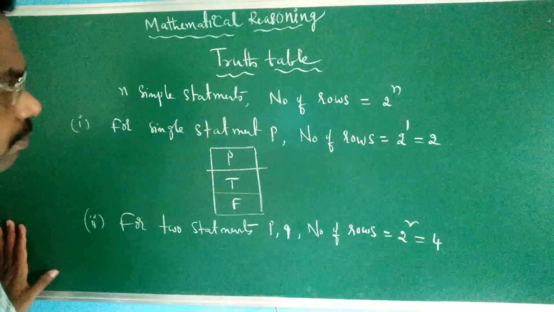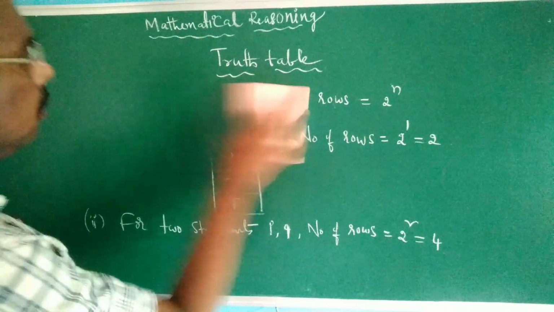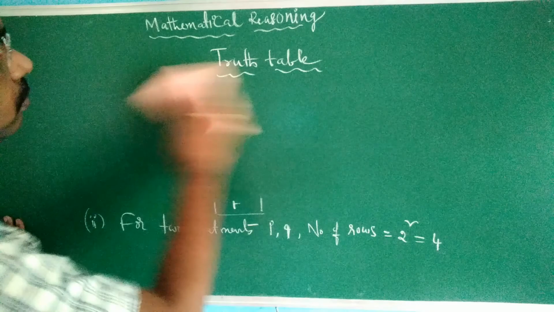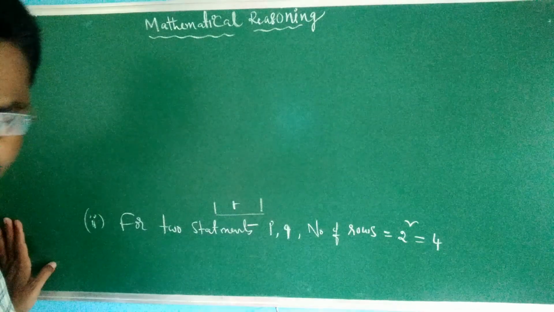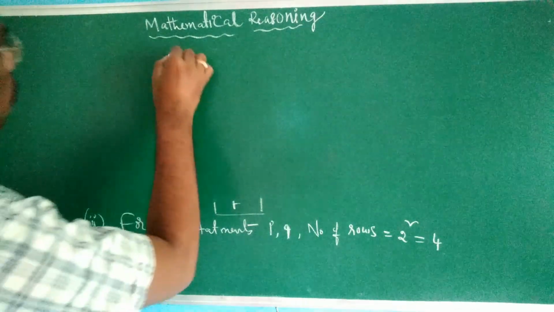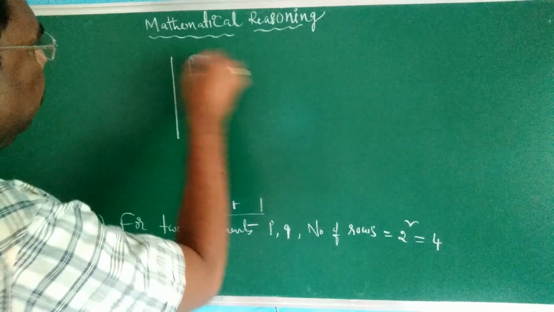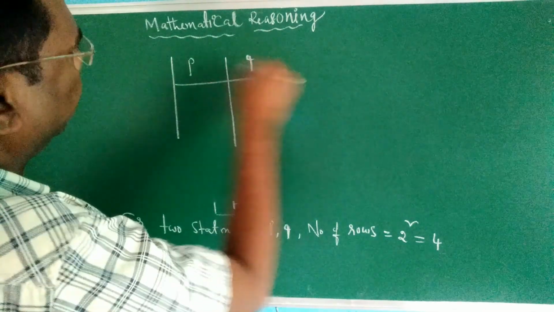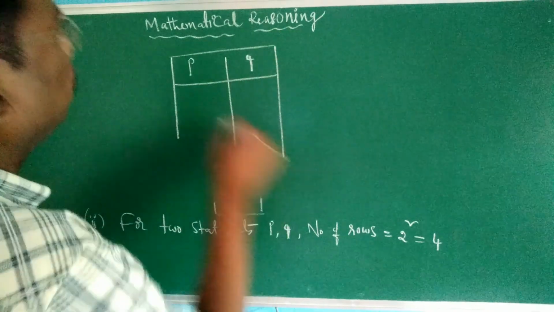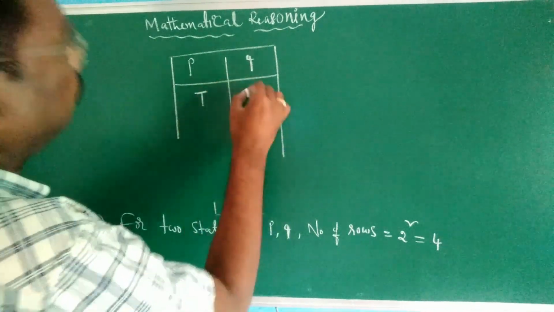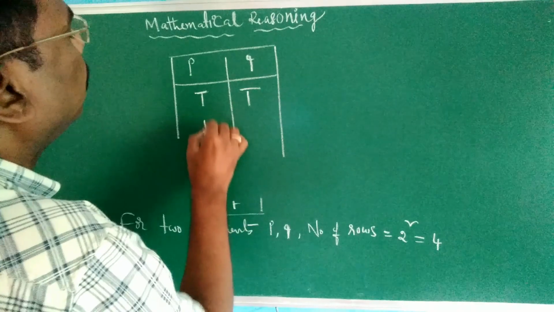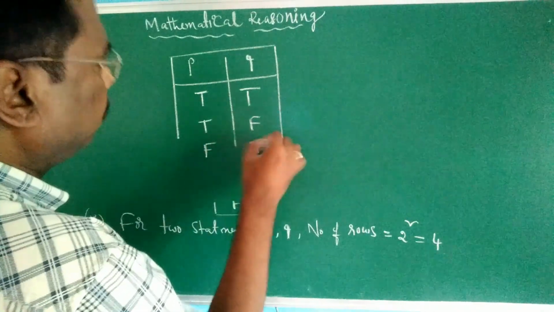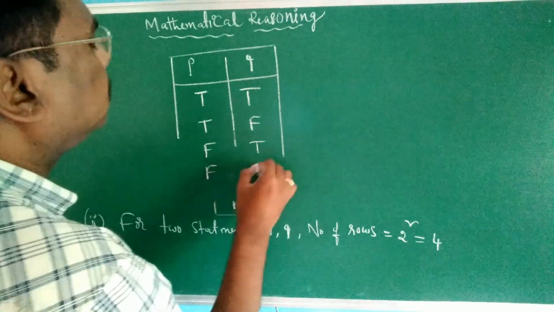Now, two statements P and Q are given. Here the number of rows is 4: true, false, true, false.